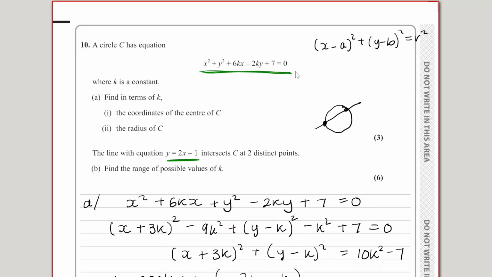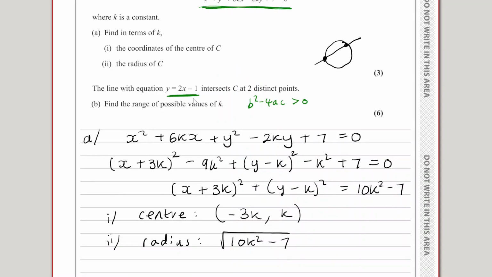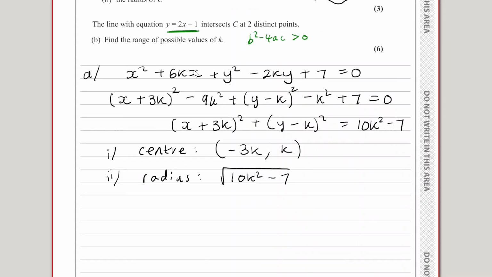And then it will leave us a quadratic. And we can use the discriminant because two solutions means b squared minus 4ac is going to be bigger than 0. So let's substitute 2x minus 1 in for y.